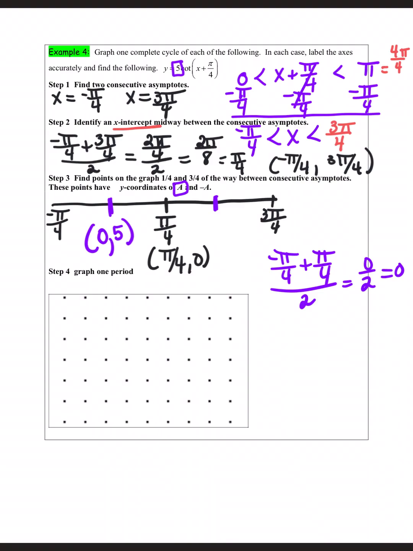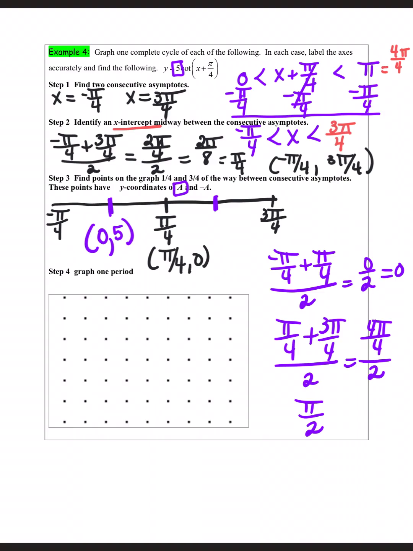And to find the 3/4 away, we're going to do pi over 4 plus 3 pi over 4 divided by 2. So we have 4 pi over 4 divided by 2. Well, 4 pi over 4 is just pi, so that's going to be just pi over 2. So that's going to be pi over 2, comma negative a, so it would be negative 5.